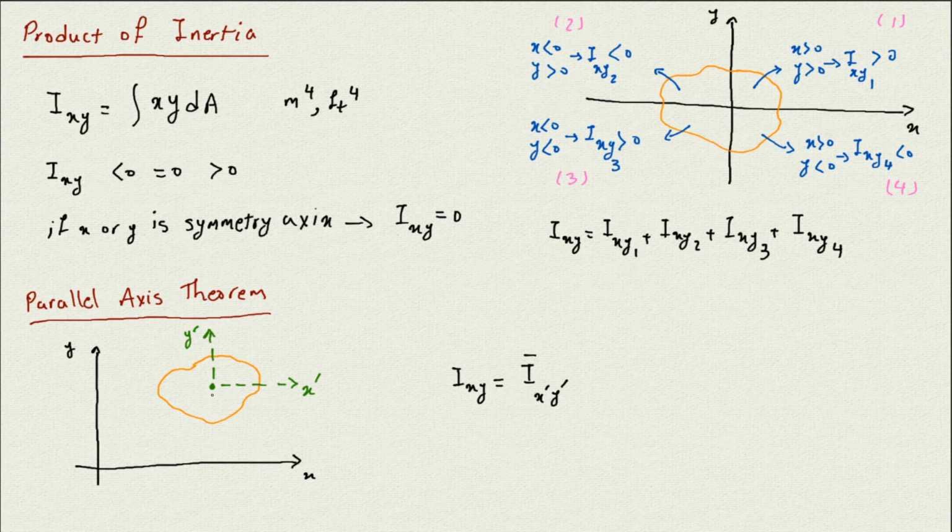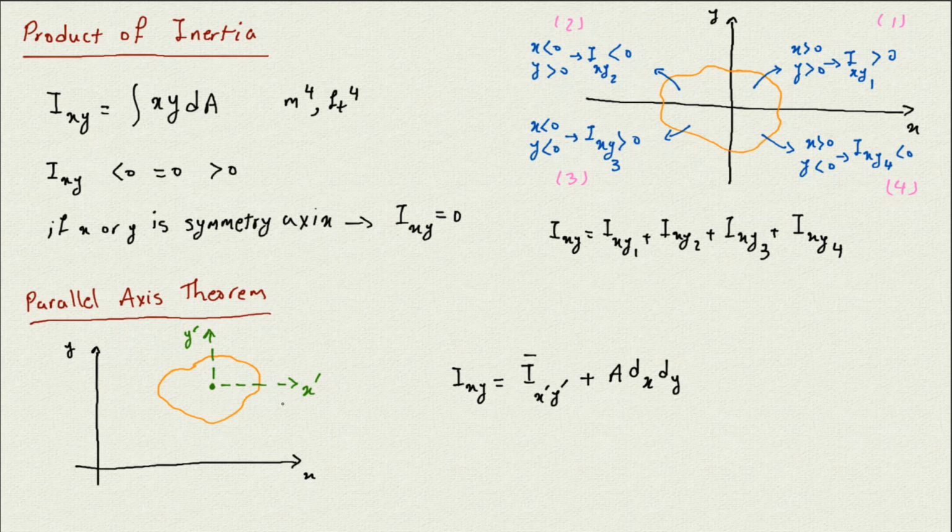so that's Ixy about the axes through the centroid, plus the area of the cross section times the distance between the axes, so times d sub x and times d sub y. And again, remember, these are d sub x and d sub y. These are not the dx or dy, which are the differential elements.